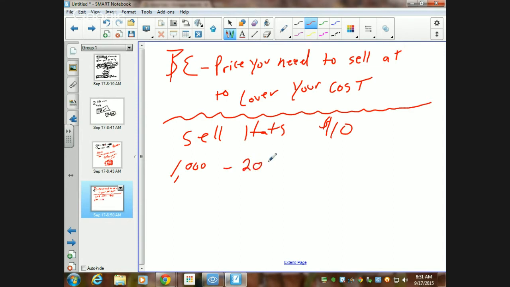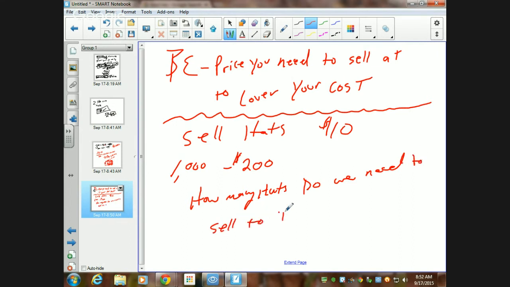We bought 1,000 hats for $200. How many hats do we need to sell to break even?